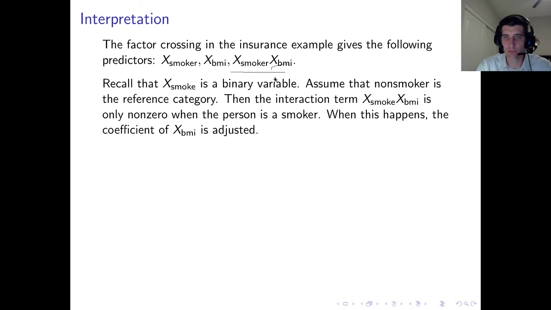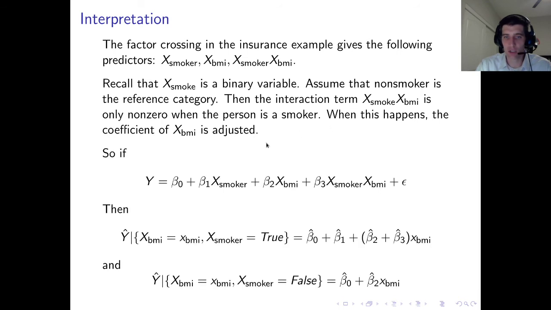When the person is a smoker, the coefficient of XBMI is adjusted, because we have a coefficient attached to this term. When smoke is 1, we adjust the BMI coefficient by whatever the coefficient of the interaction term is. Writing this out, we have betas attached to each of the predictors, including the interaction term.